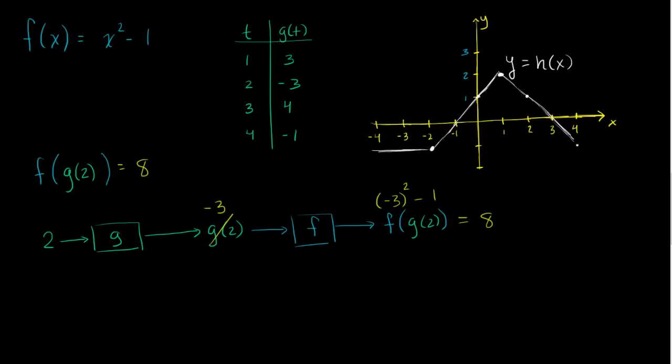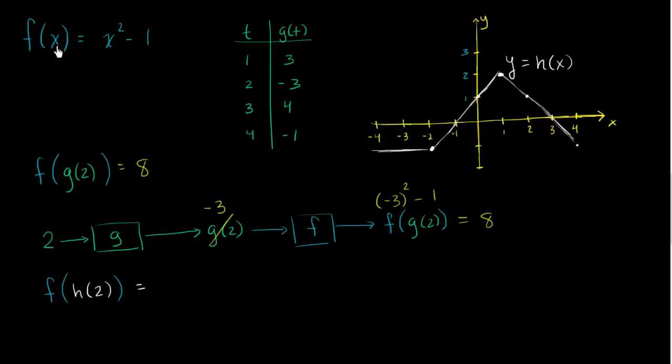Now, using that same exact logic, what would f of h of 2 be? And once again, I encourage you to pause the video and think about it on your own. Well, let's think about it this way. Instead of doing it using this little diagram, everywhere you see the input is x.